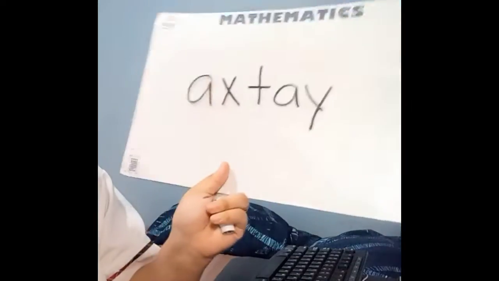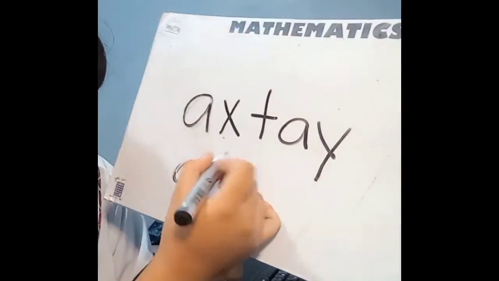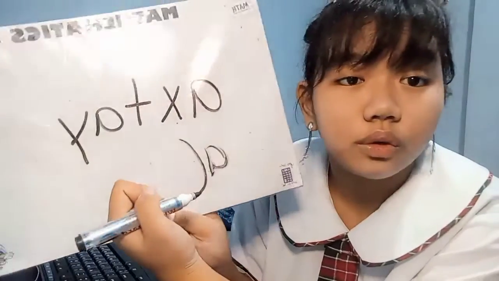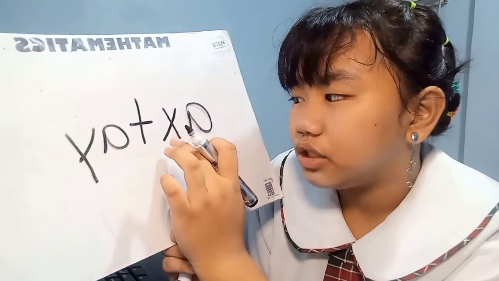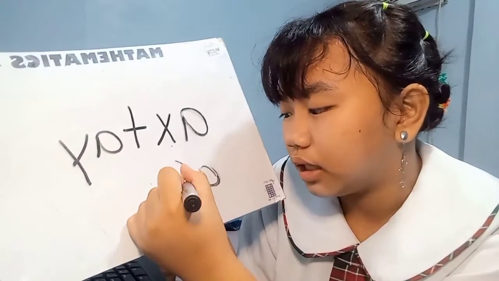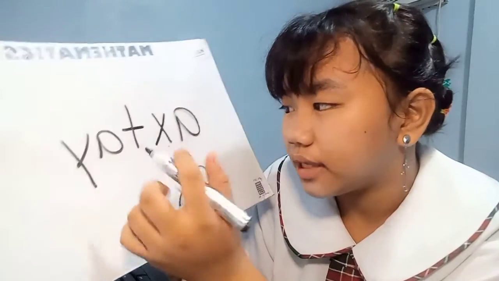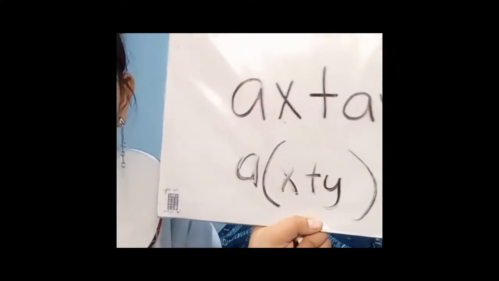And let's go find it, which is common. Very common. And then we're going to write an open parenthesis, and let's just write x because it does not have a common here in the second term, and just copy the plus y, and that's it. Very easy.